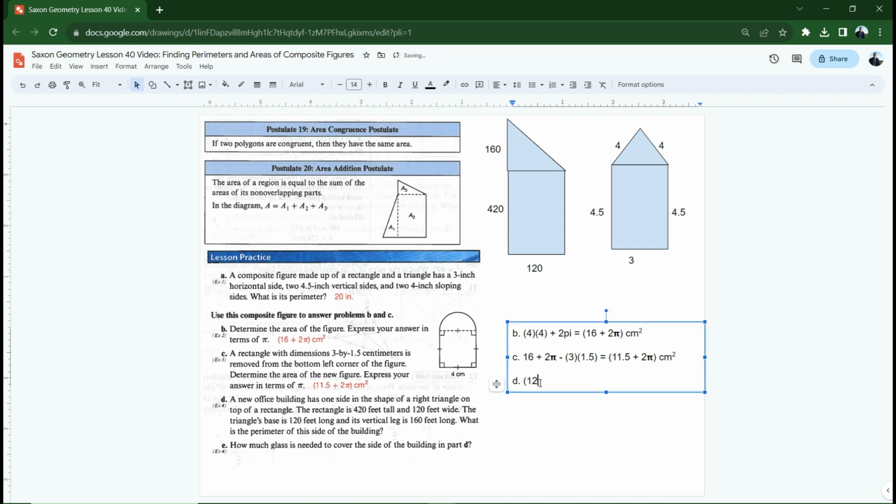So this is going to be 120 times 420 plus 120 times 160, and then I need to multiply that by 1/2 or divide it by 2.